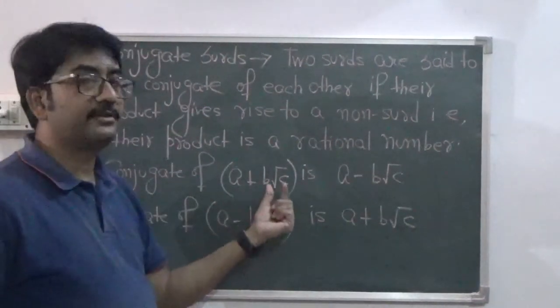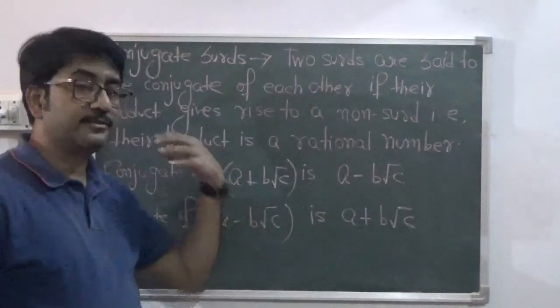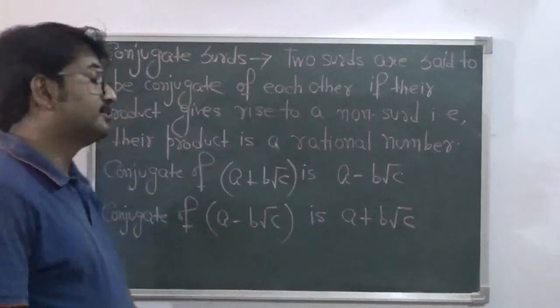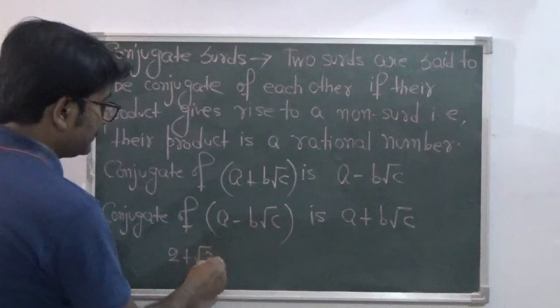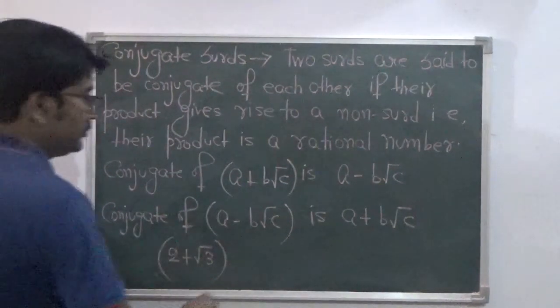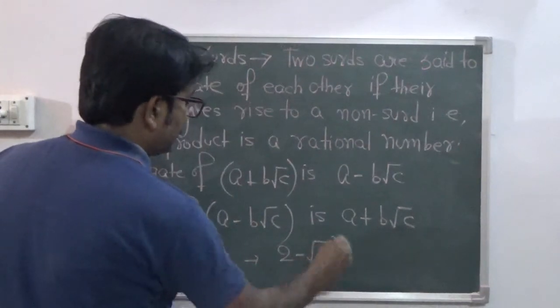So if we take an example, if 2 plus root 3 is the number, then the conjugate of this is 2 minus root 3.